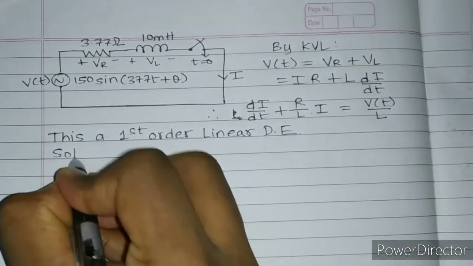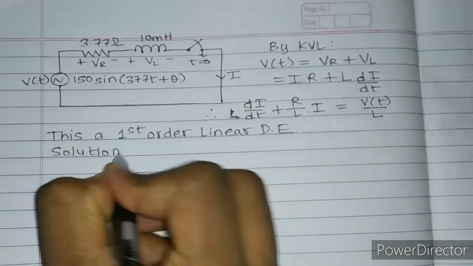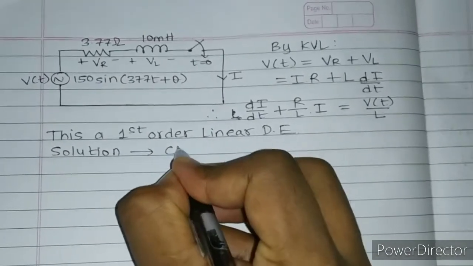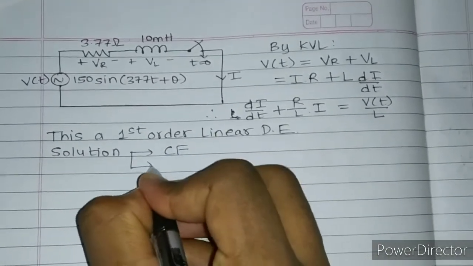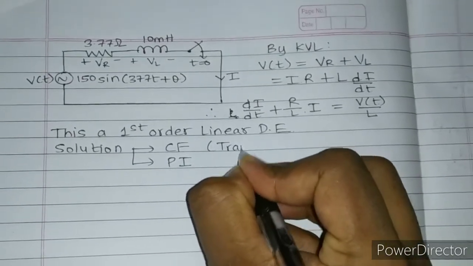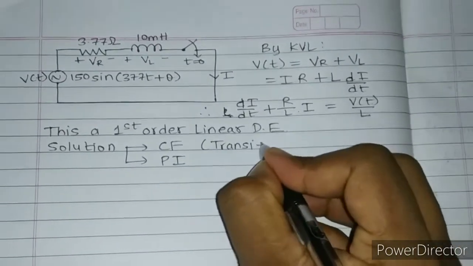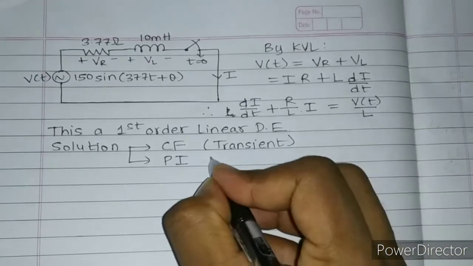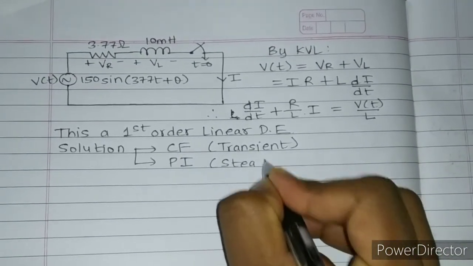Its solution can be found out by calculating the complementary function CF and particular integral PI. CF refers to the transient state of the network and PI refers to the steady state of the network.